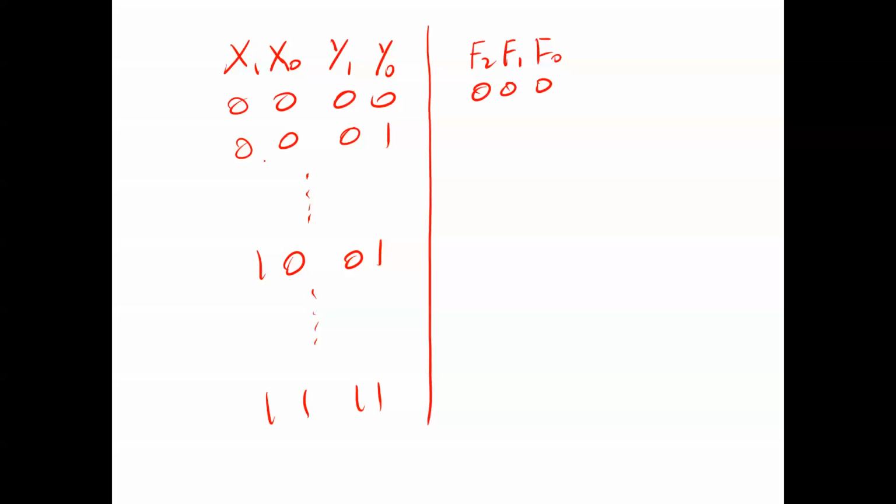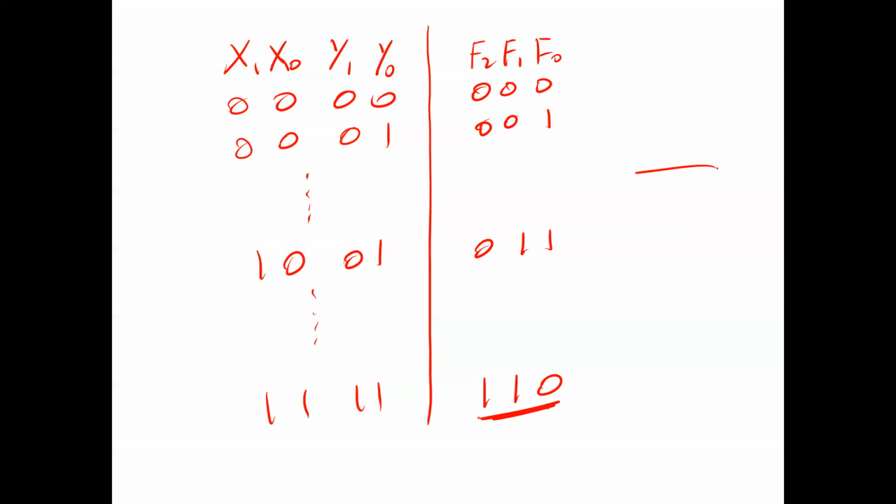Here we're adding 0 plus 1, this should give me 1. For this one, I'm adding 2 plus 1, this should give me 3. And then the maximum you can get is 3 plus 3, which is equal to 6. And 6 is 110. That's why we need only 3 bits for the output.